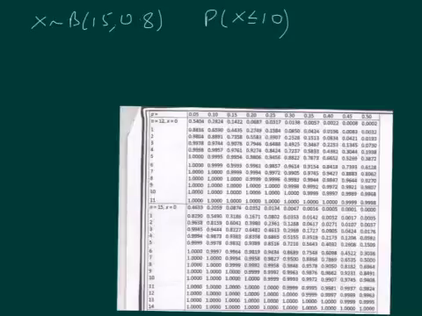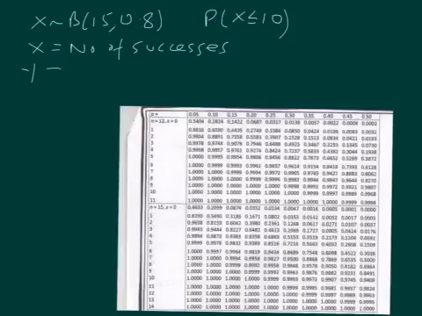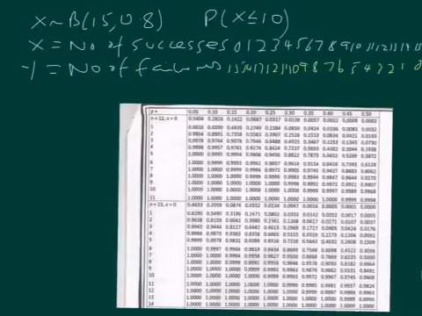But luckily there is a way of doing this. If we think of x as the number of successes, think about how many failures there are. Let's call that y. Y is the number of failures. I think drawing a table out like this is quite helpful.